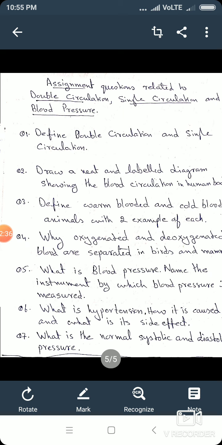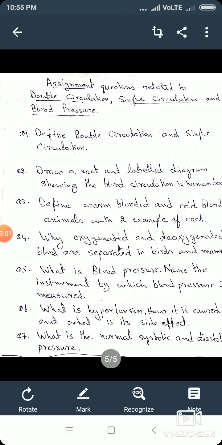Question number 4, why are oxygenated and deoxygenated blood separated in birds and mammals? Question number 5, what is blood pressure? Name the instrument by which blood pressure is measured.